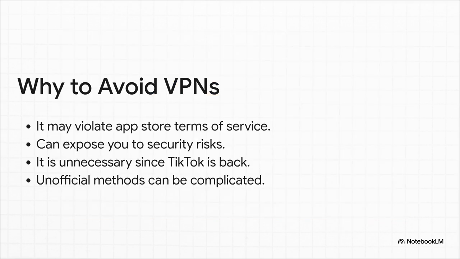Here's the bottom line. Using a VPN to fake your location to get an app is super risky. It can get you in trouble with the App Store's rules, and it can open you up to some serious security problems. But most importantly, it is completely unnecessary. The app is back in the official stores. The safe, official way is always the right choice.